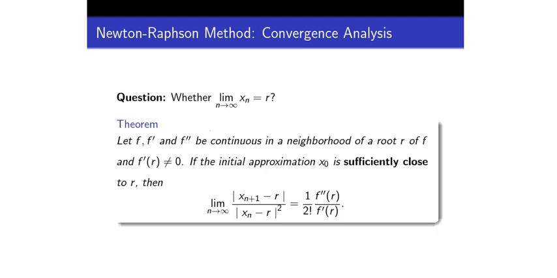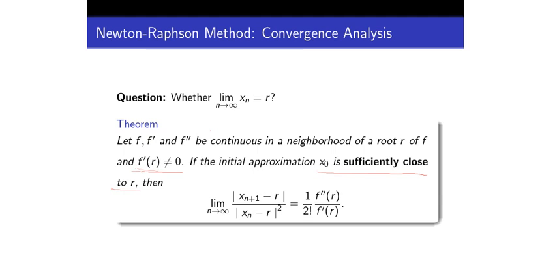That is given by the following result. Let f dash and f double dash be continuous, which means f is 2 times differentiable and the second derivative is continuous in a neighborhood of a root r, and f dash of r is non-zero. That will give you the guarantee that r is a simple root, a simple zero. If the initial approximation x naught is sufficiently close to r, how do you make sure it is sufficiently close?